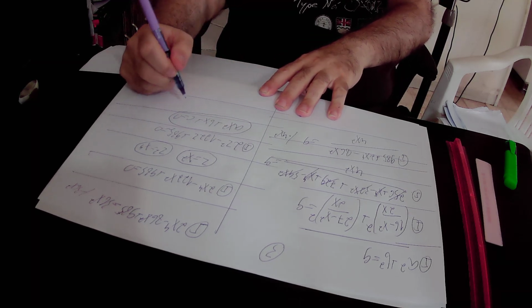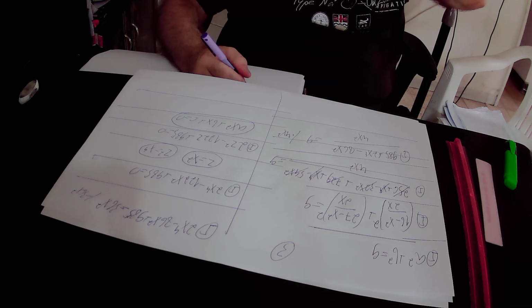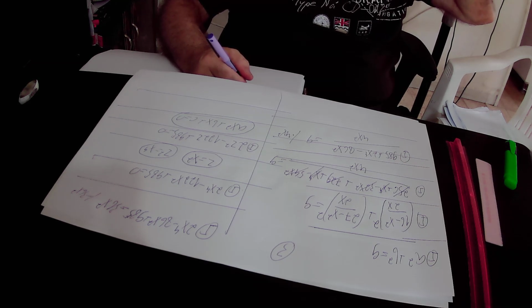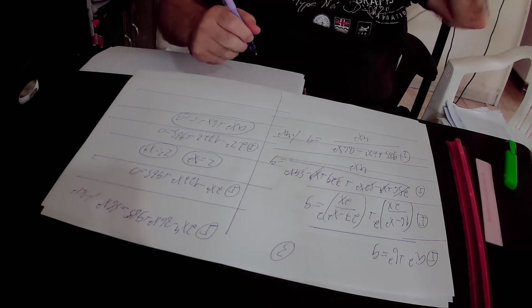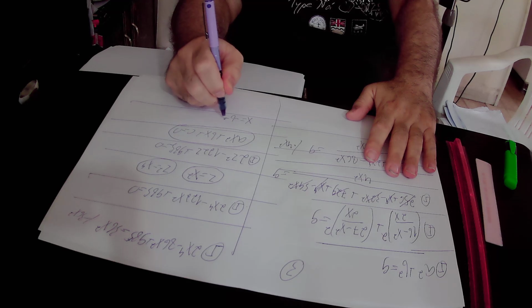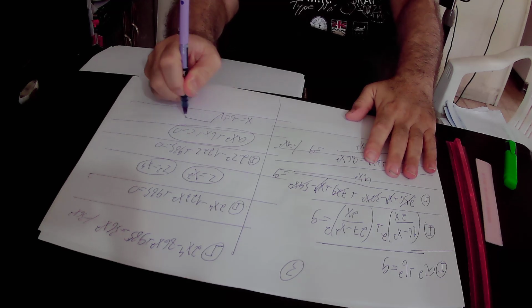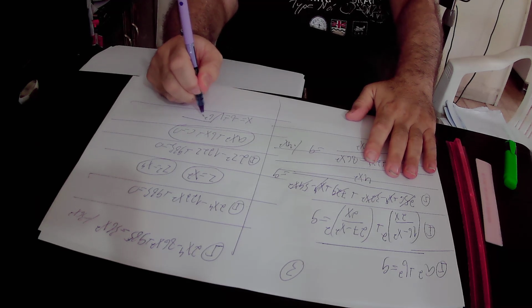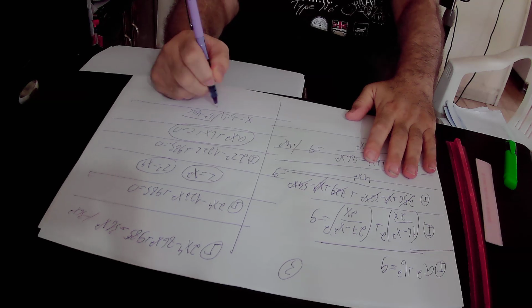Here a, b and c are the coefficients of the quadratic equation, and x is the variable that we are looking for. And we find the value of x according to the following formula: x equals minus b plus minus square root of b squared minus 4ac, over 2a.